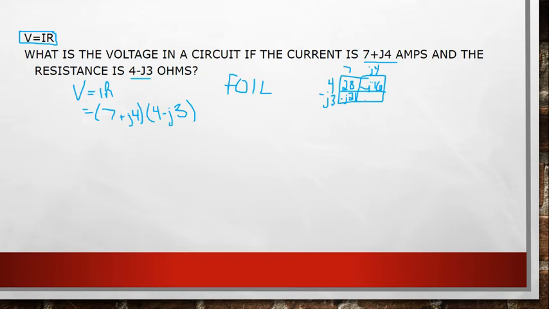So you can do the Punnett square like that, and then you just add all of these in the center and combine like terms, or you can do FOIL.